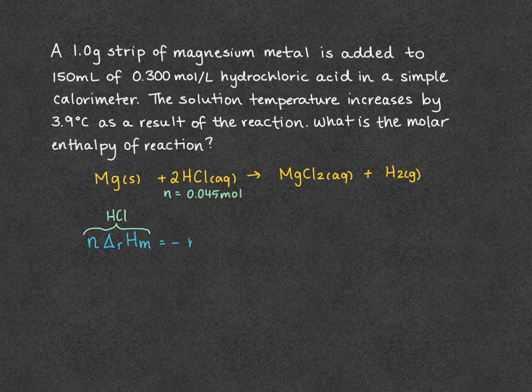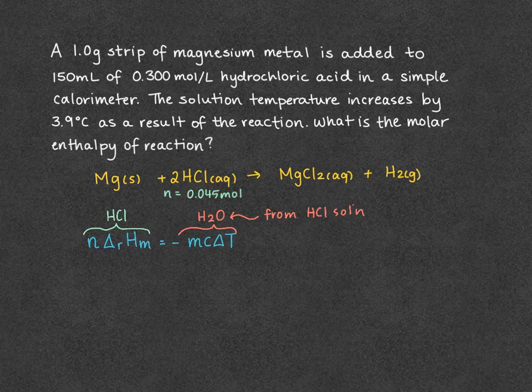That's going to equal negative m c delta T. That's our surroundings, which corresponds to water. In this problem, the water is coming from the HCl solution, because most of an aqueous solution is just water. There are very few molecules of the actual compound compared to the amount of water that's present.